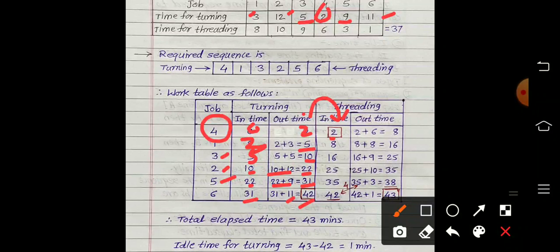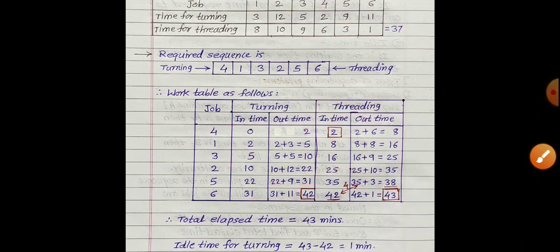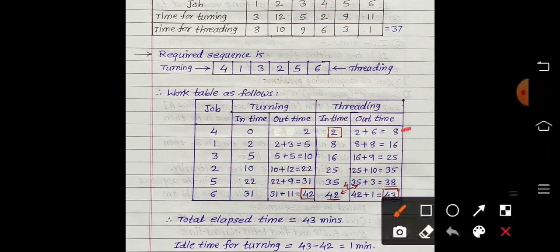Now for the threading machine, what is the time required for the 4th job? The same job sequence we select for forming the work table in the case of the threading machine. Now for the 4th job, check the time now. Time required is 6. So 2 plus 6, answer is 8. The same number 8 is entered in the next. Check there. This 8 is entered.